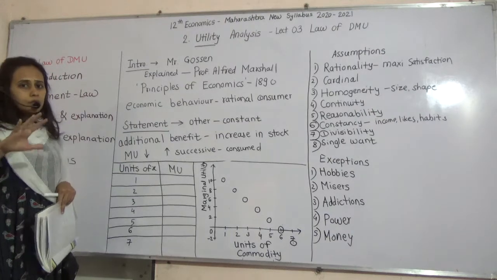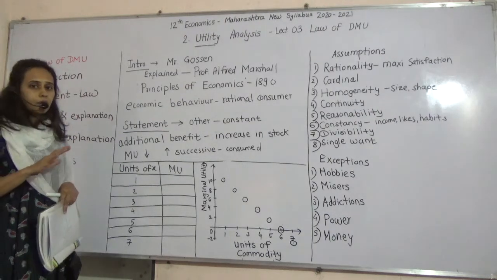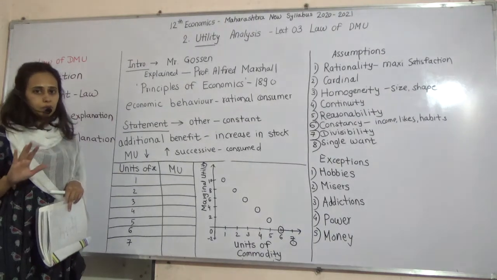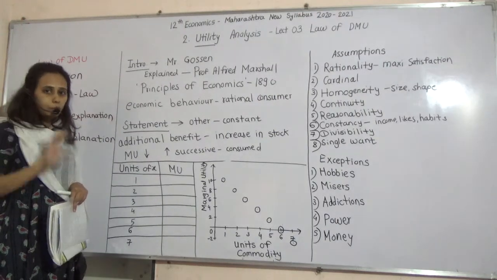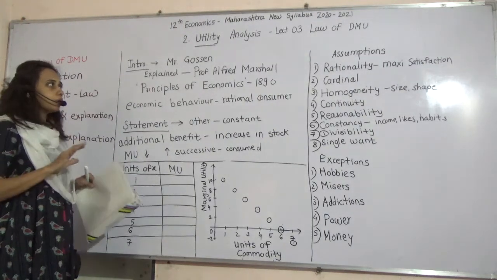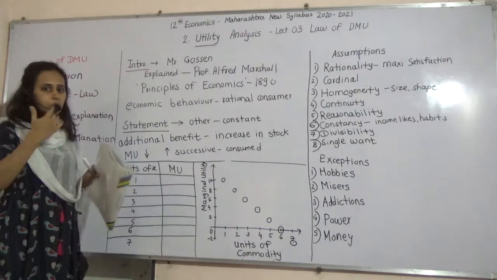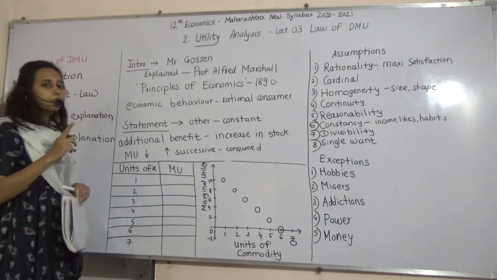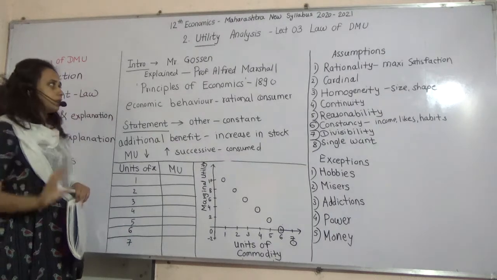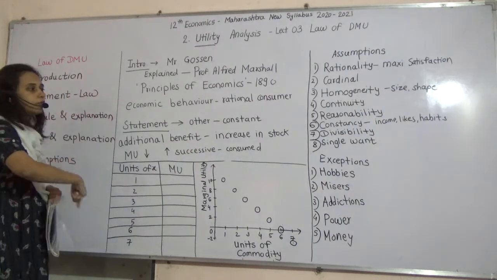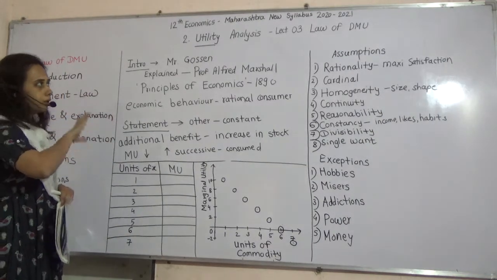Likewise, after a certain point, you will find that your hunger has been fulfilled properly, and you stop eating at that time. And even if at that point you start eating, then you will feel like vomiting. There your disutility starts. This only we are going to study here.